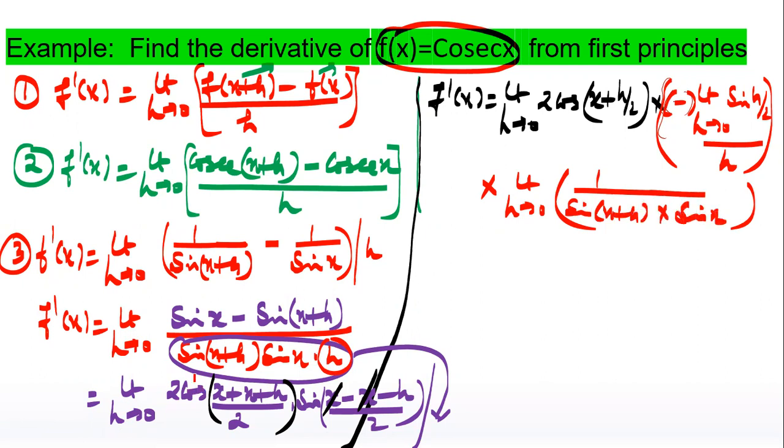So there are three terms. Number one, this, into minus sine of h by 2, and this h we will take over here, and the denominator limit h tends to 0, sine(x+h) into sine x.